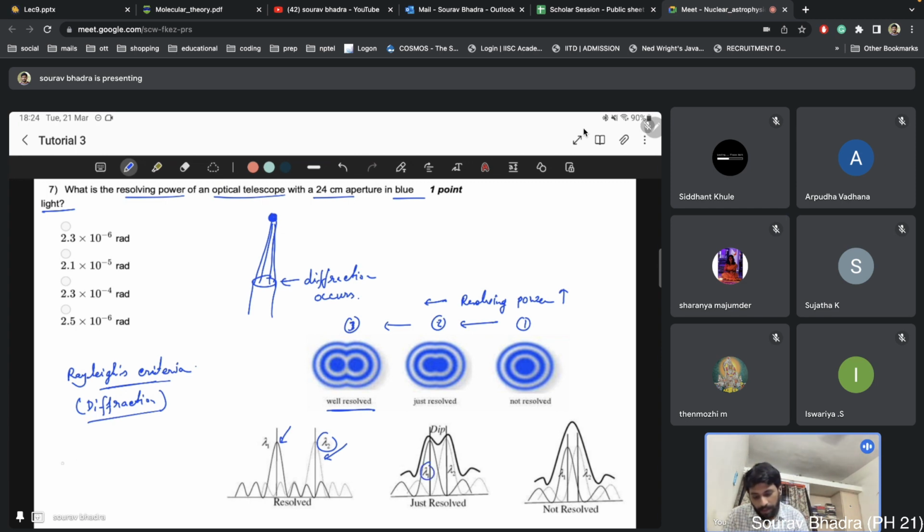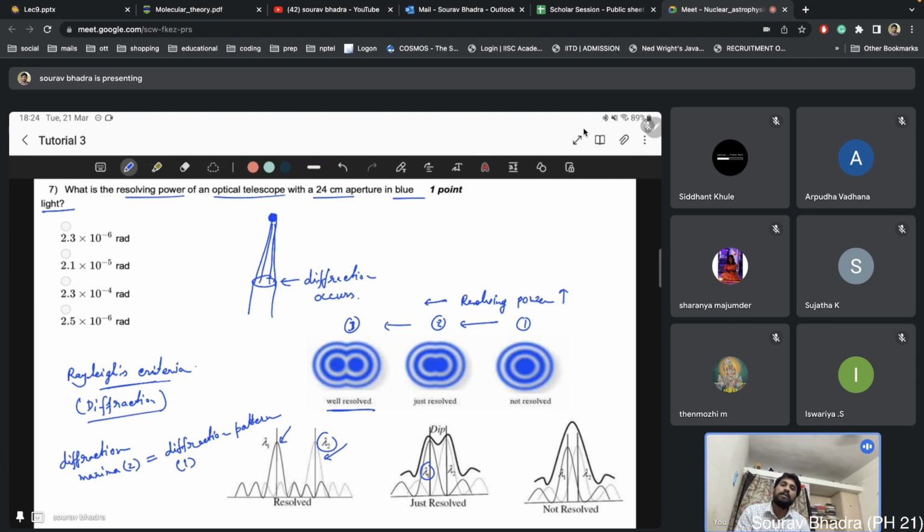So I will write: the diffraction maxima of the second source will be at the same position as the diffraction minima of the first source. In the diffraction pattern there will be maxima and minima of the first source. That is the criterion of resolution, the resolution you need to identify two separate objects.